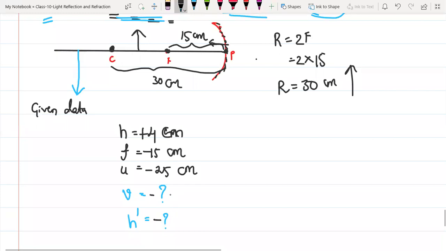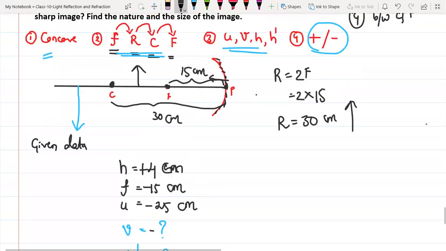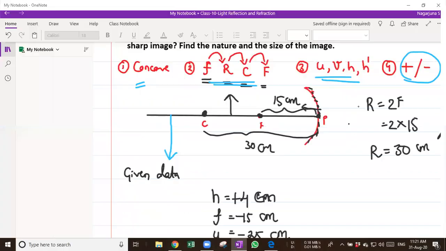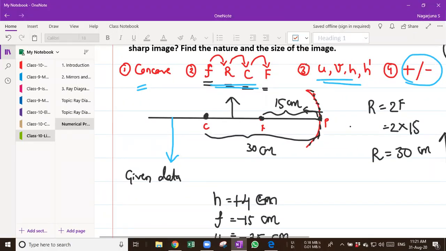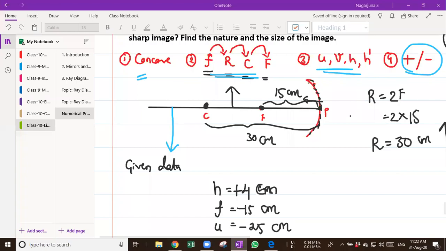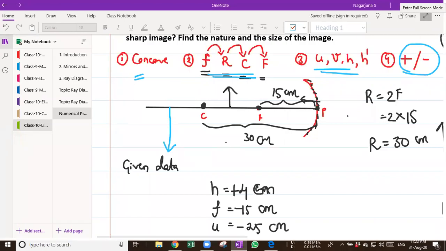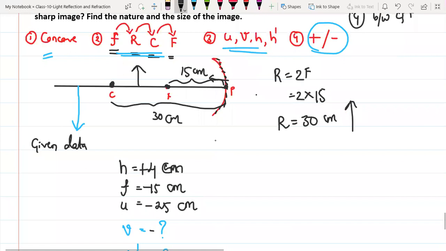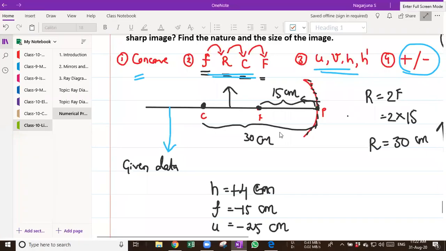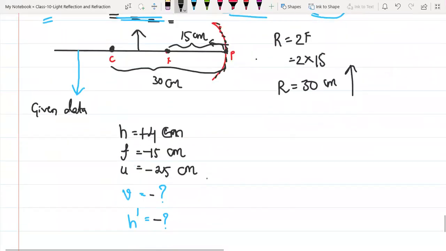So we'll get the V value and H dash in negatives. Now guys, given data: H is equal to plus 4, F is equal to minus 15 centimeter, U is equal to minus 25 centimeter. V value we will get in minus, H dash we will get in minus.